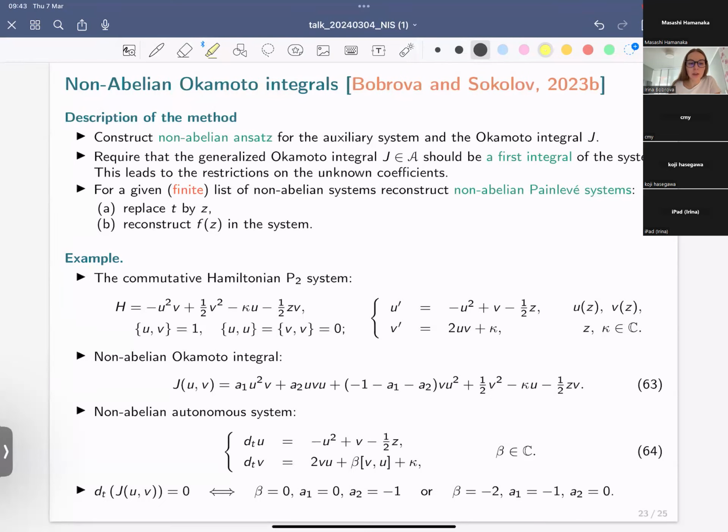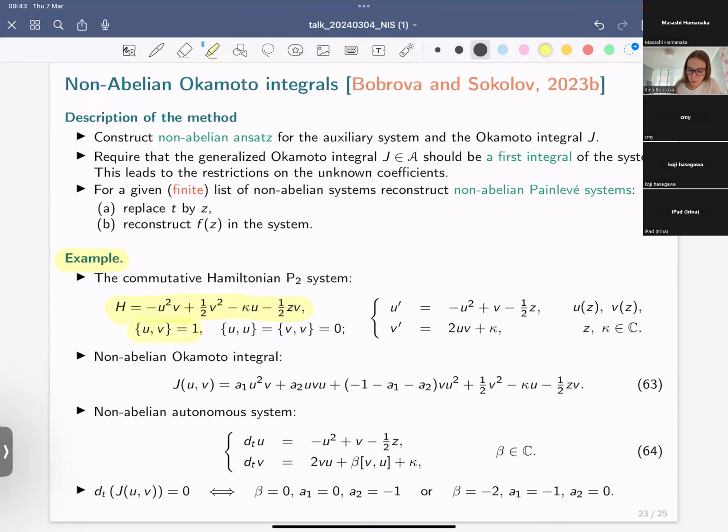And this criterion is the first integral of the corresponding autonomous system. So before, let us look at the example. In this example, we know that Painlevé 2 equation has a Hamiltonian. It's given by this formula with a standard Poisson bracket for the variables u and v.